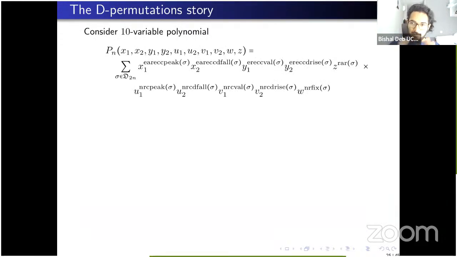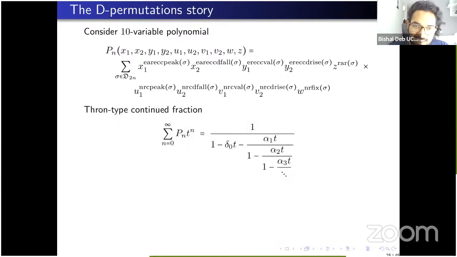Now, we have just defined the cycle classification for permutations, right? We have a 10-variable polynomial, x1, x2, y1, y2, z, u1, u2, v1, v2, and w, and you can say, why don't I just play the same game, put it on the computer, and ask if this has a nice continued fraction.